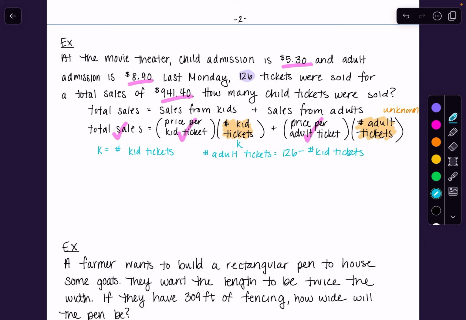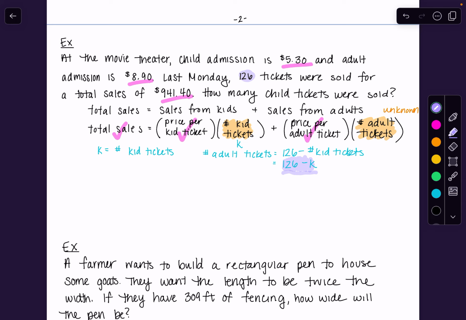So we can use the expression 126 minus K to represent the number of adult tickets. And again, just to make sense of this formula, if I sold 6 kid tickets, that tells me the number of adults is 126 minus 6.